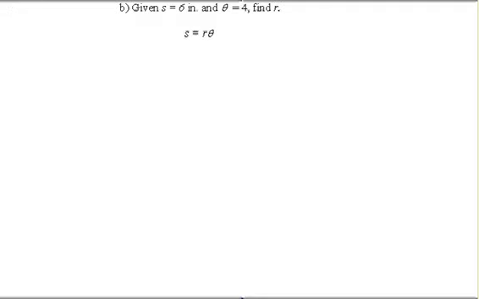In this example, notice that we know the length of the arc, 6 inches, and again we have an angle that's 4 radians, and we want to find r. So we need to plug in the 6 for S, and we need to plug in the 4 for theta and solve.